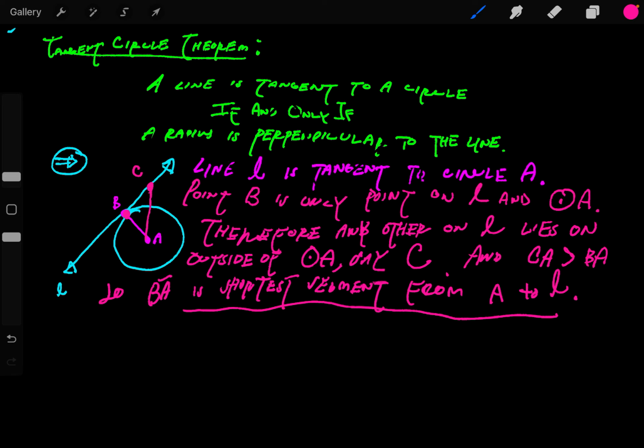That's the final statement. Then BA is perpendicular to L from our previous theorem. That's one direction.